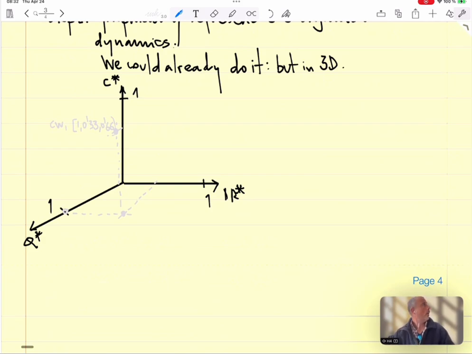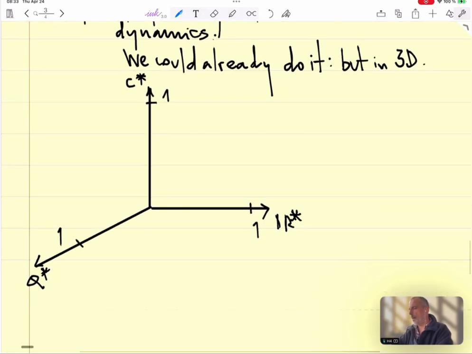Okay, I cannot see anything there, so I'll make it a different color. So 1, this is better, right?